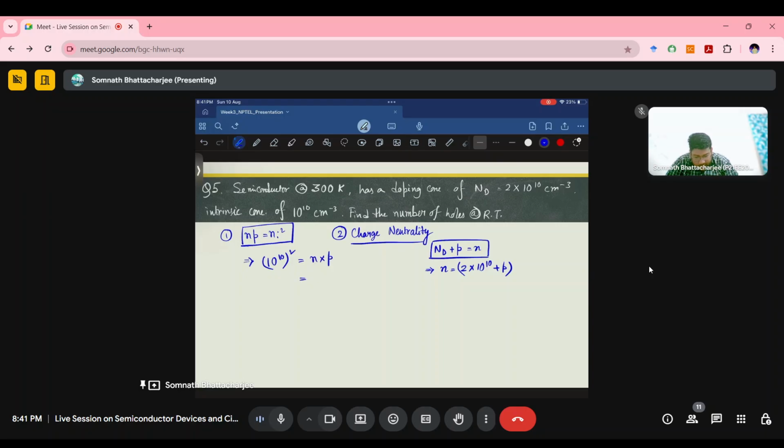In place of n we can substitute this, multiplied by p. So we get p squared plus 2 into 10 to the power of 10 of p minus 10 to the power of 20 equals 0. Now we have to solve this equation and get the values. So just solve the equation and tell me the values.